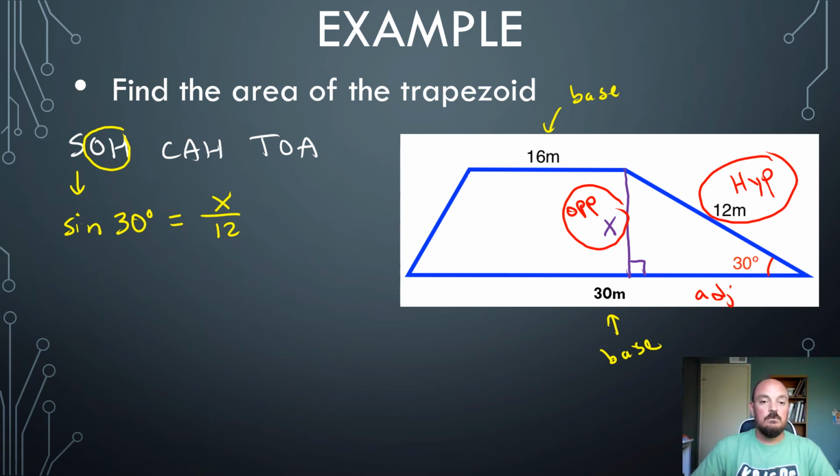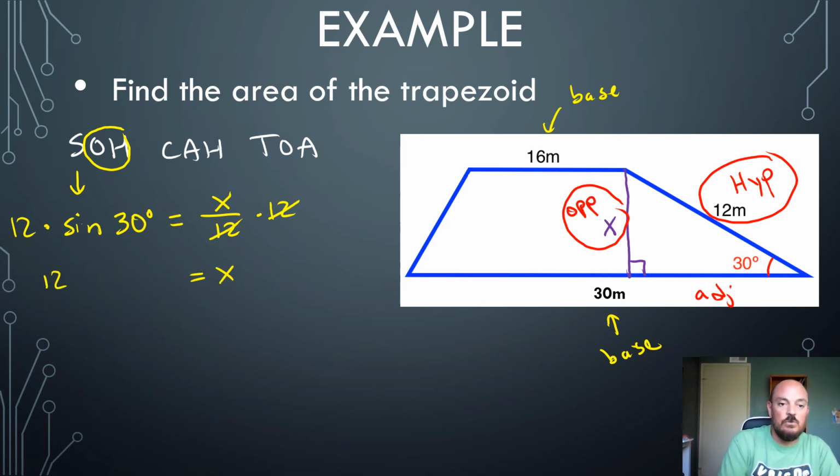And then we're going to solve for x. And I can do that by multiplying both sides of the equation by 12, because this 12 will cancel with this 12. And what I get is x equals 12 sine 30. And I'm just going to leave that for now. Remember, we don't like using a calculator in the middle of a question, so you don't really want a decimal answer yet. So now I'm ready to actually find the area of this parallelogram.